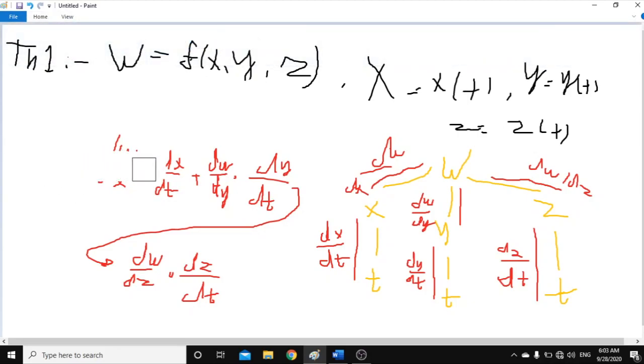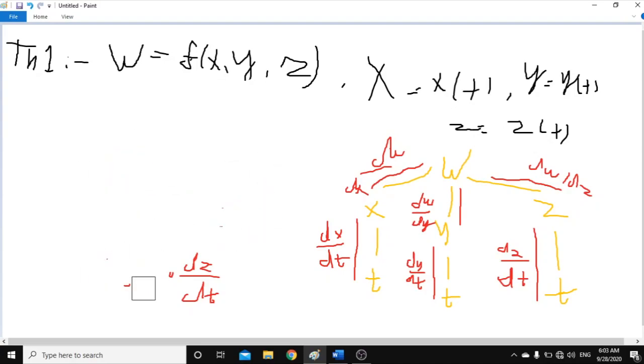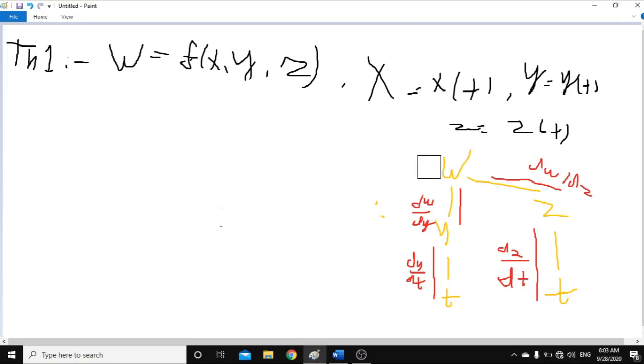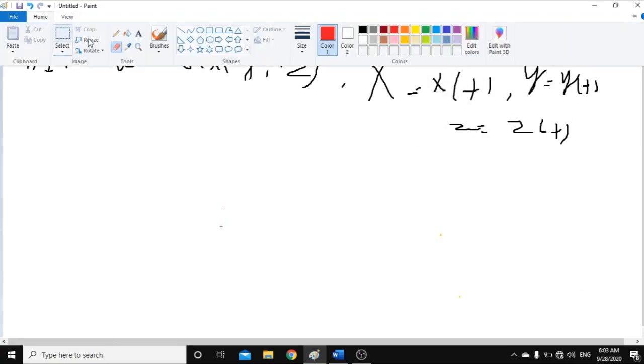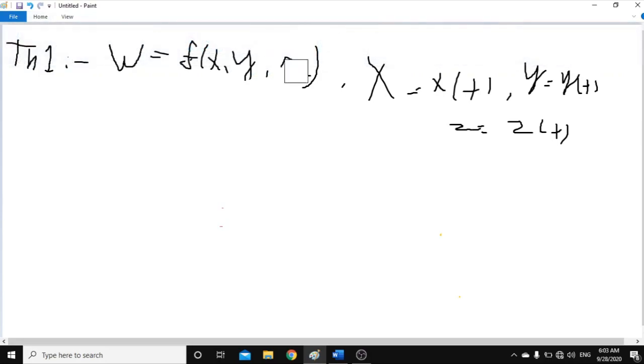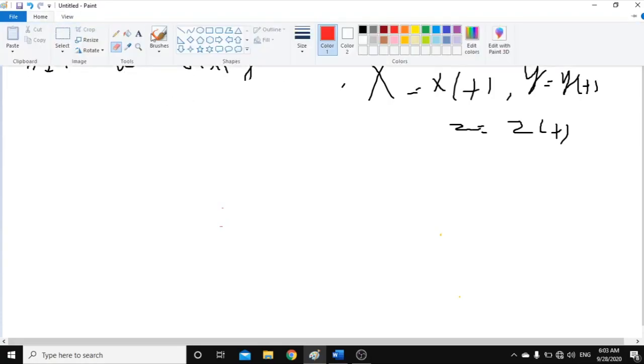Yeah, the last theorem I'm going to talk about is kind of the same, but the difference that you might have is not with the original function, it's with the functions that depend on respect to t. Let's say, for example, we have a function called w. It consists of x and y only, for example.